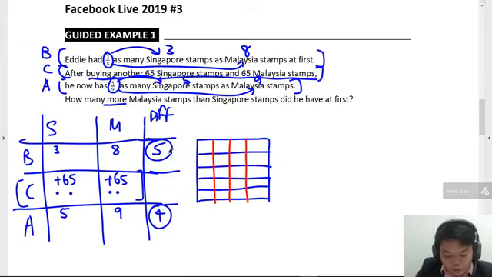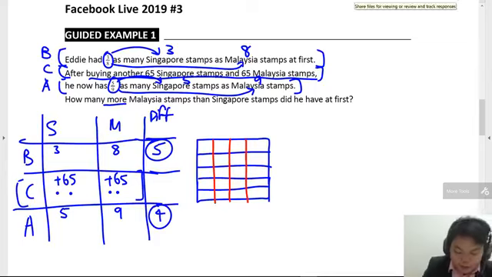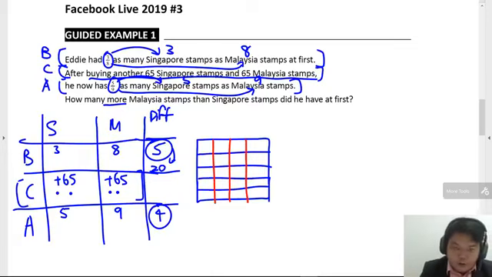What we want to do is to make them the same, and we get them to the lowest common multiple. Okay, so that lowest common multiple between 5 and 4 is 20. In order to get this to 20, we have to multiply this by 4.